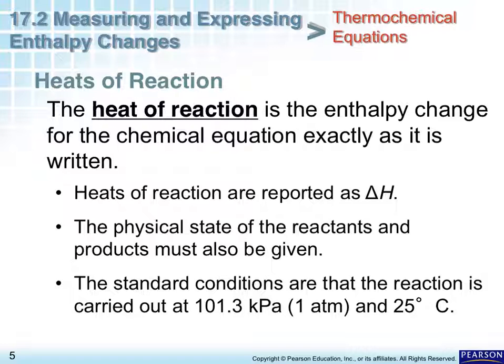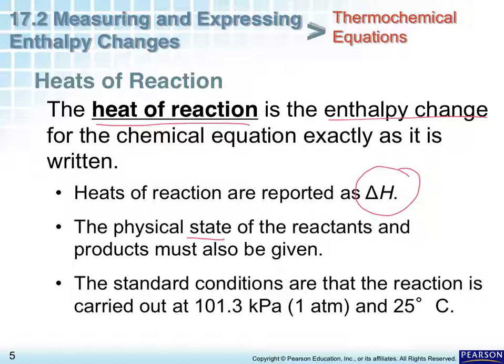This is called the heat of reaction. So the enthalpy change is called the heat of reaction, and it's written always as a delta H, exactly as it's written, from reactants to products in the forward direction. You must also always have the state of all reactants and products because it does matter.